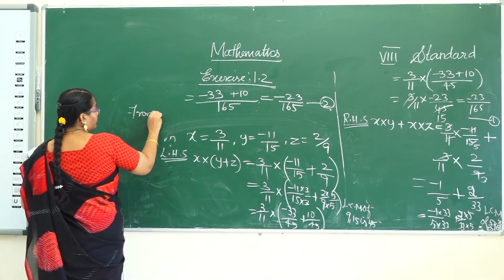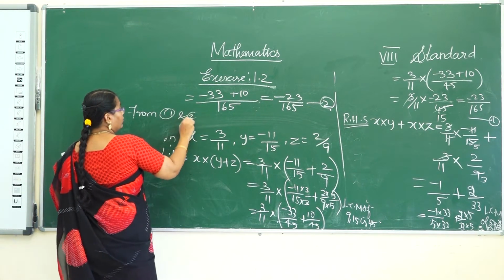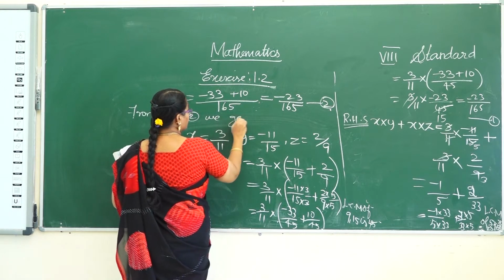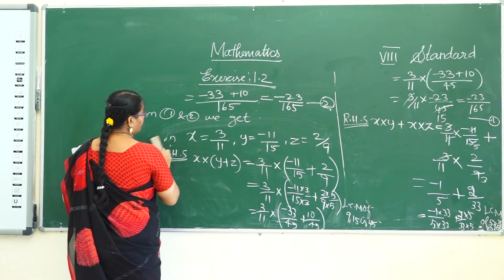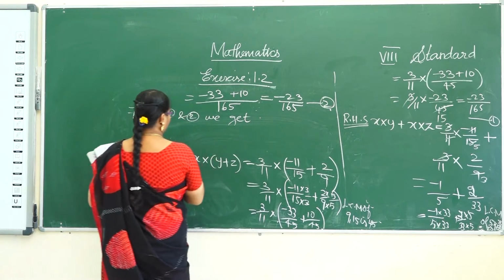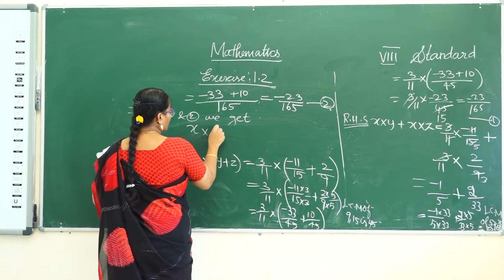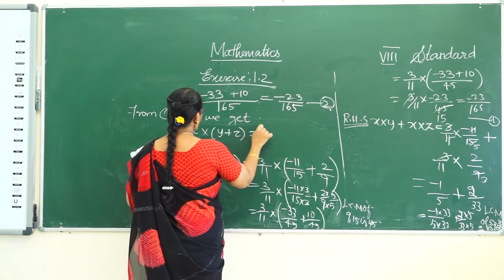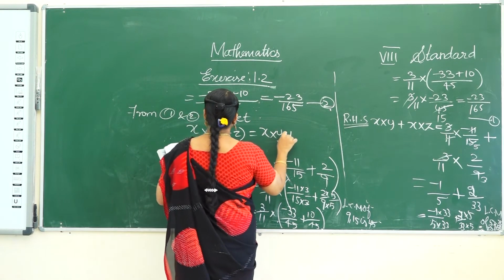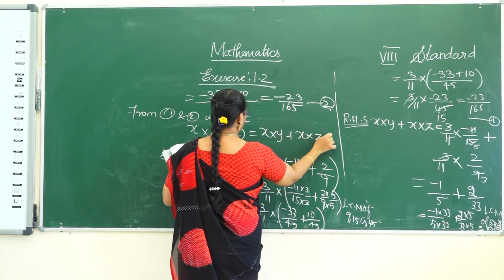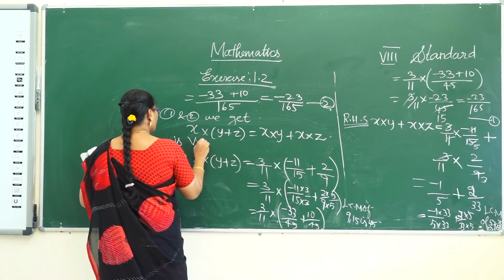From 1 and 2 we get x into y plus z is equal to x into y plus x into z, verified.